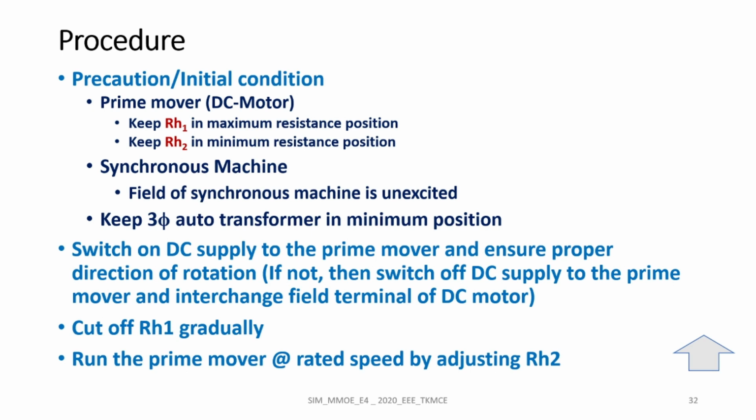After ensuring proper direction of rotation, we need to gradually cut off the armature rheostat, that is RH1. Then by adjusting the field rheostat RH2, we need to ensure the machine is rotating at rated speed, that is, the rated speed of the alternator.